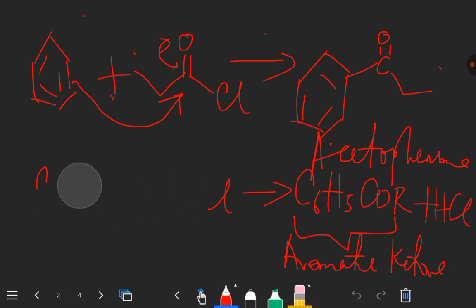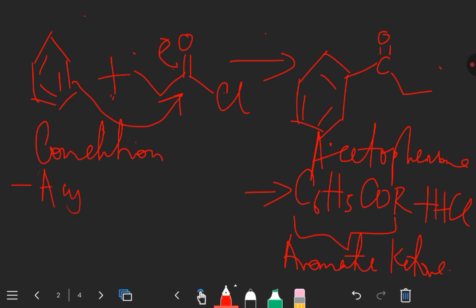Then when you're talking about the conditions which must be satisfied for this reaction to occur, the first thing is that you must have an acyl group. This acyl group is simply an alkyl group bonded to a certain carbonyl group, with a halogen attached.